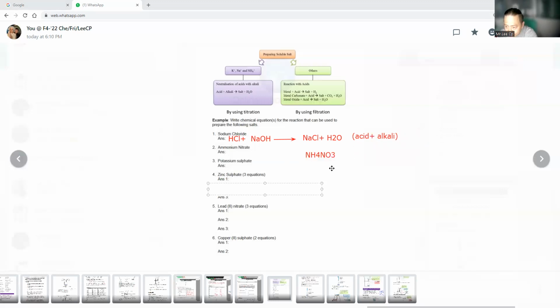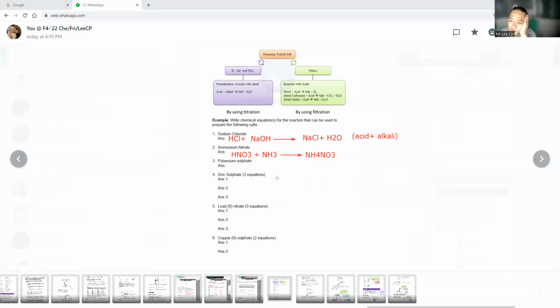And for NO3, I have HNO3, nitric acid, plus something. Plus what? Ammonia. Yes, ammonia, NH3. So acid plus ammonia will give you ammonium nitrate.